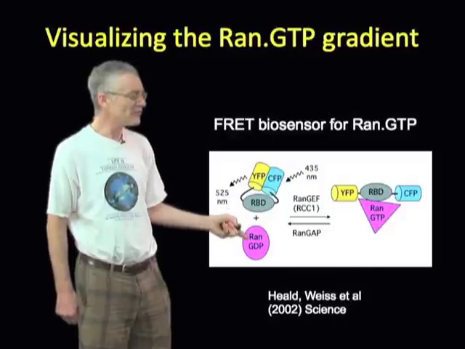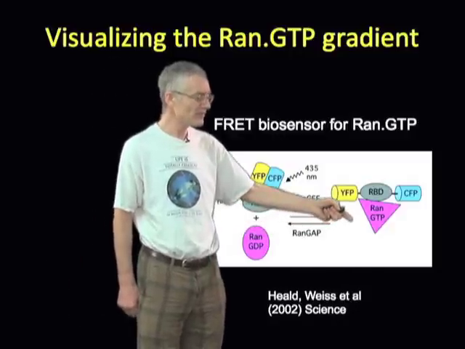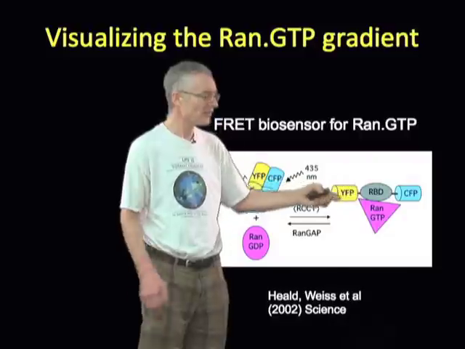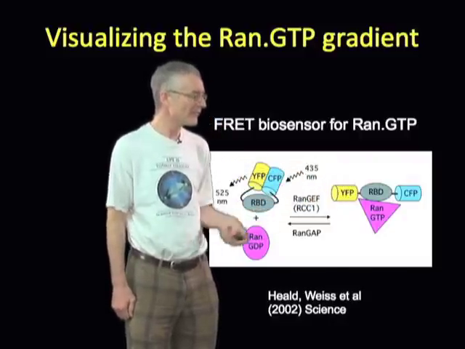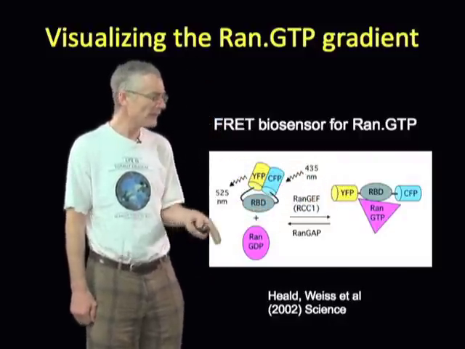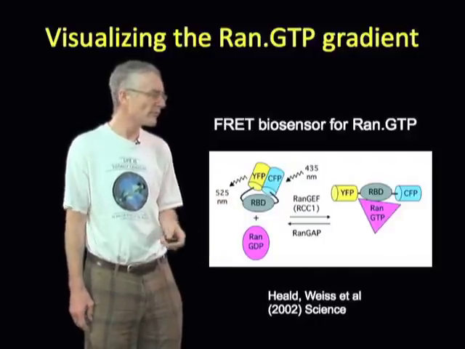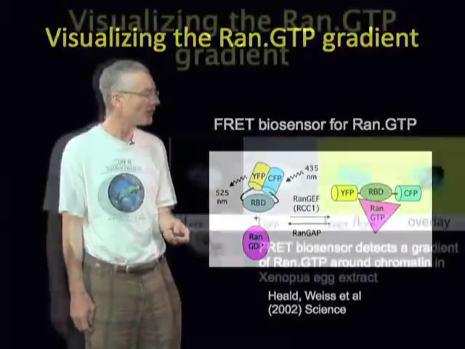If Ran is in the GTP form, it binds to the Ran binding domain, separates the two halves of this molecule in space, and the FRET signal goes down. And this is one of two different probes that Heald and Weis developed.